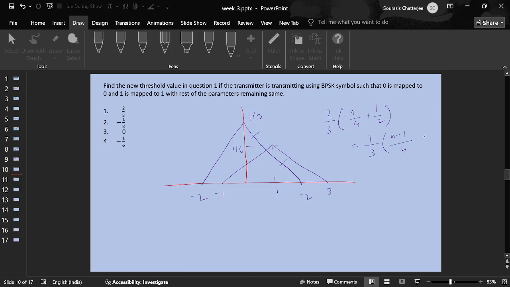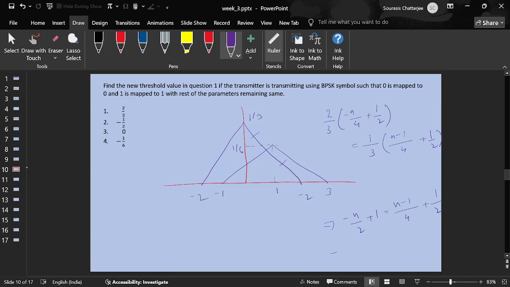So this is 1 over 2. Now I have minus n over 2 plus 1, and here I have (n minus 1) over 4 plus 1 over 2, (n minus 1) by 4 plus minus 2n.